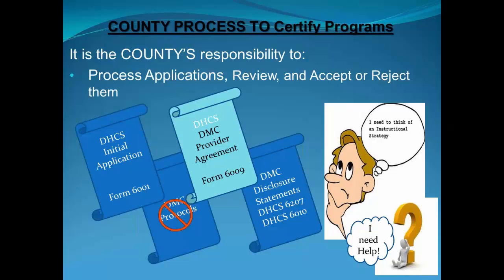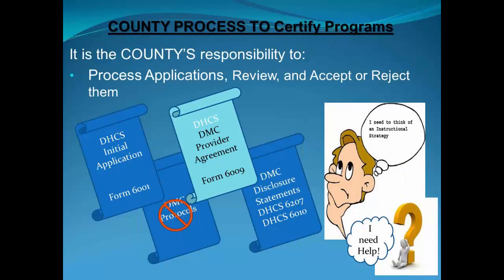So you have the initial application form, that's going to be on the county's box. Reviewing the provider agreement at Form 6009, that's going to be in the box. You'll see a part down there that has the no sign across it, and that's a drug Medi-Cal protocol. I don't know if any counties have had to deal with the protocol.